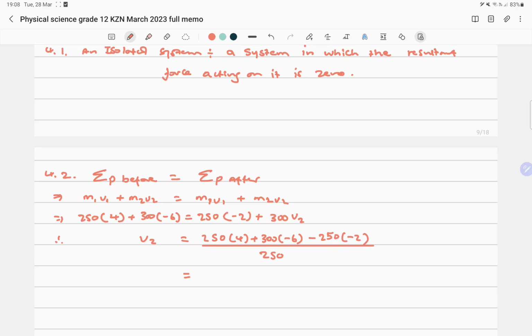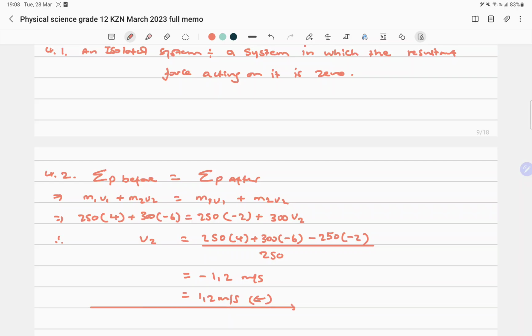This gives us minus 300 divided by 250. This is minus 1.2 meters per second, and if it is minus 1.2, this is 1.2 meters per second to the left.